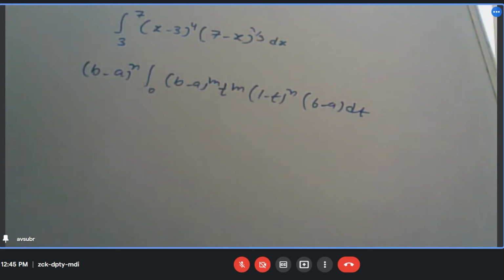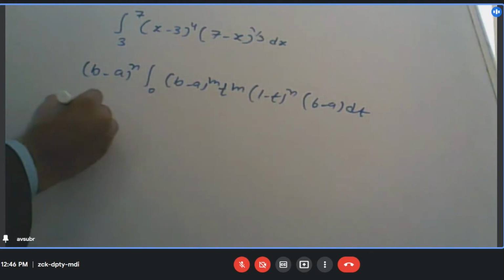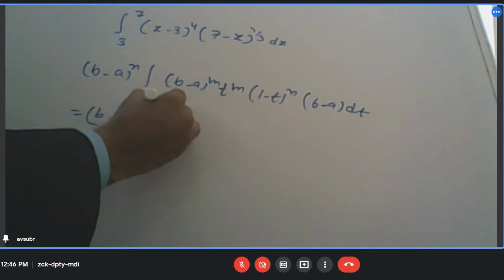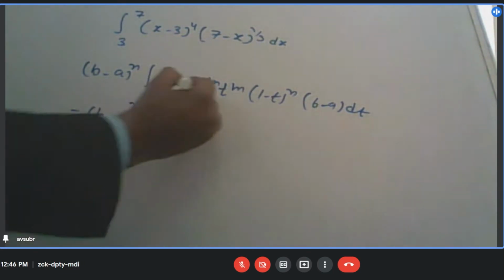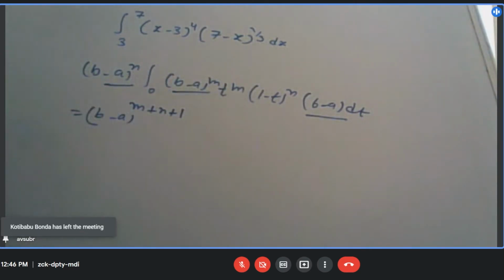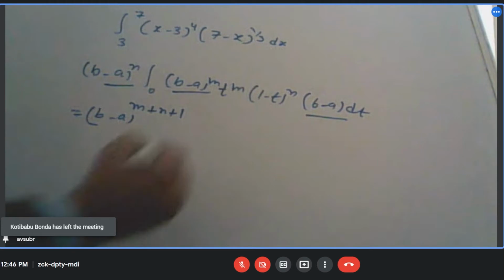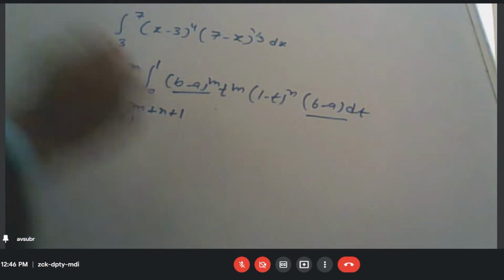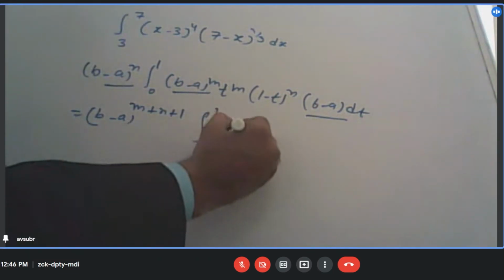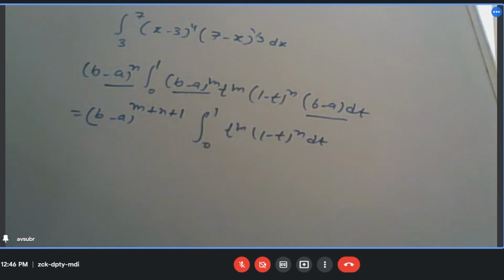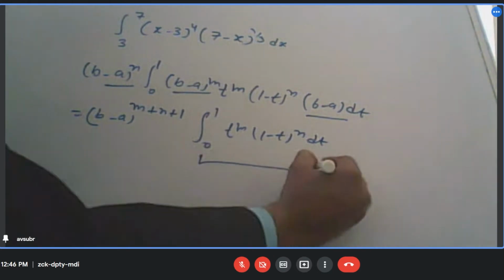All right. So this can be written as (b minus a) to the power m plus n plus 1. लिख सकते हैं ना इसको, इसको और इसको मल्टीप्लीकेशन. वी कैन राइट डाउन इट लाइक दिस. एंड 0 to 1 होगा लिमिट. ठीक है, तो integral 0 to 1 t to the power m (1 minus t) to the power n dt. ये क्या है? व्हाट इज दिस?